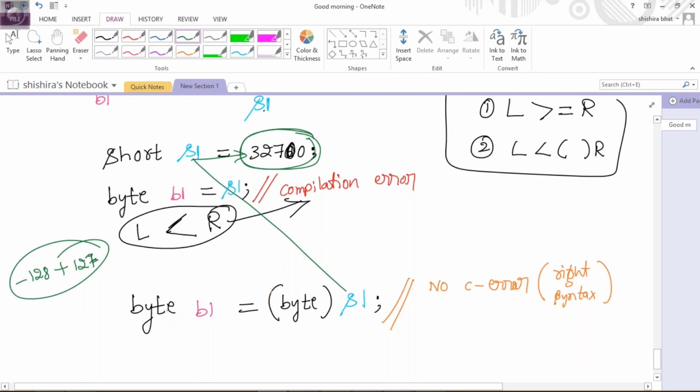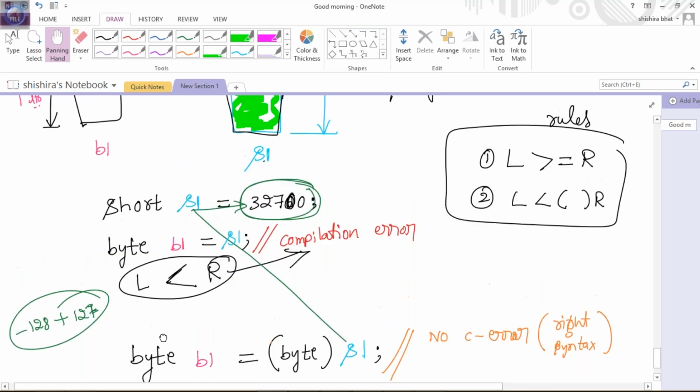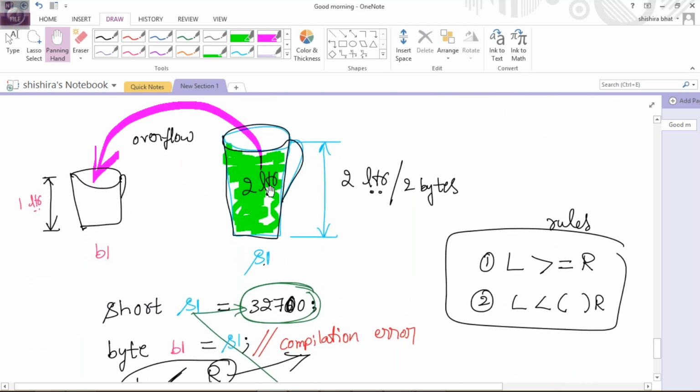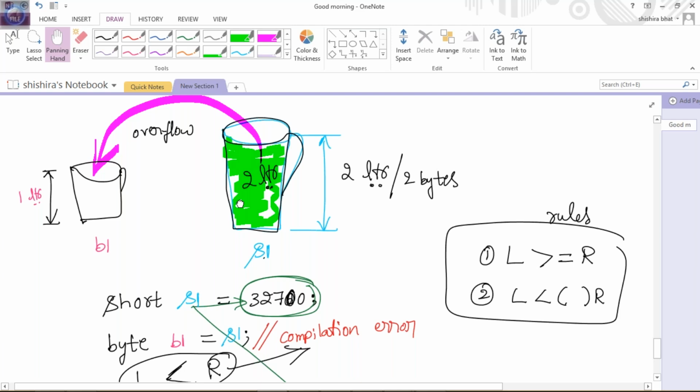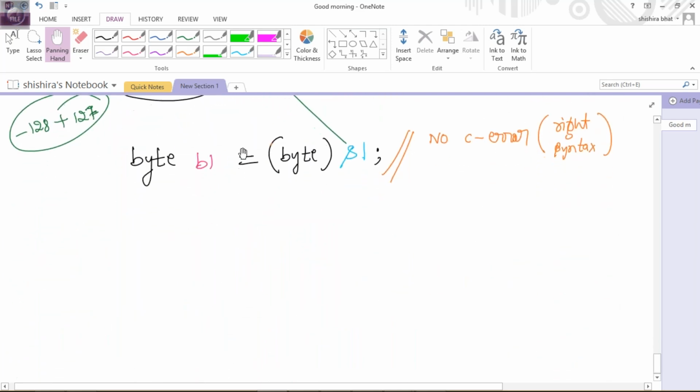Go back to the example that I had given: you have a 2-liter bucket stored with 2-liter water. If you try to pour that into a smaller mug, obviously the data overflows. That's what happens here.